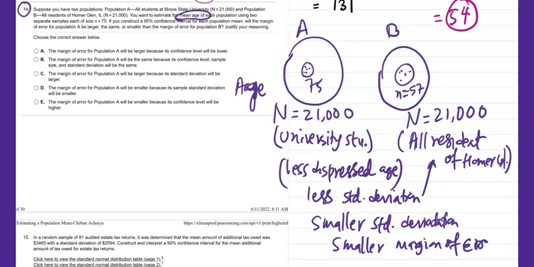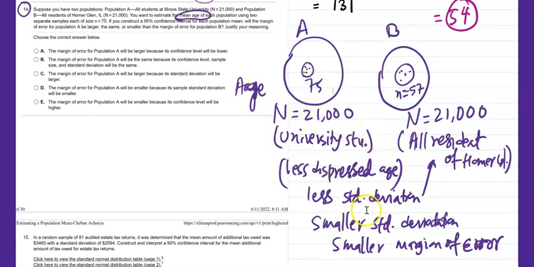So if you construct the interval for both populations, the interval for A is going to be smaller than the interval for B, because A has smaller variation of the age.